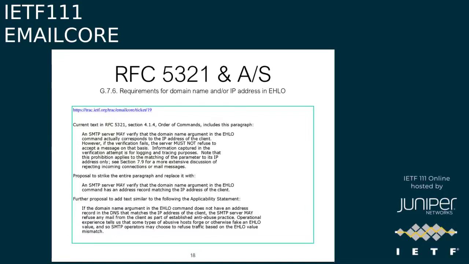So you verify it. Now you've got this Boolean. What are you supposed to do with the information that you just got? It's kind of like it's dangling. The proposal is to discuss what to do with it in the applicability statement. I'm hearing from you: why don't we move the whole thing to the applicability statement? Okay, that's something we can discuss.